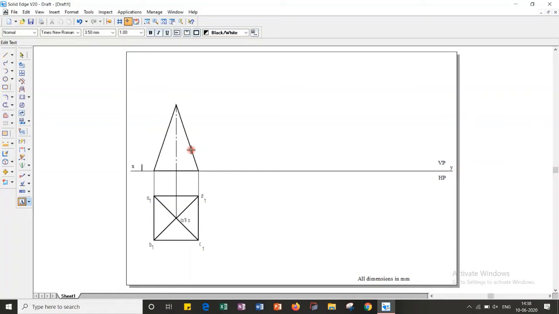So this is A1 dash and B1 dash. But identify out of A1 and B1 which is visible and which is hidden, or which is away from the observer. Here I am observing from here.